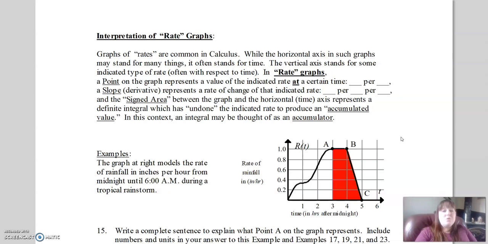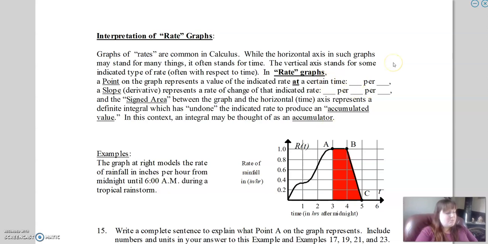So you can think about a point on the graph. It represents a rate at a certain time. So like for this one, if we said when time equals 3, f of 3 is 1, which means when time equals 3, the rate of rainfall is 1 inch per hour.